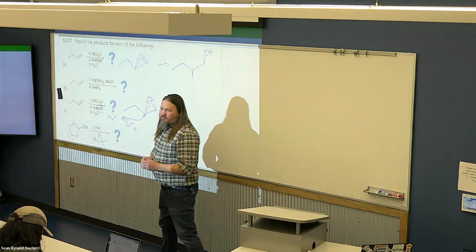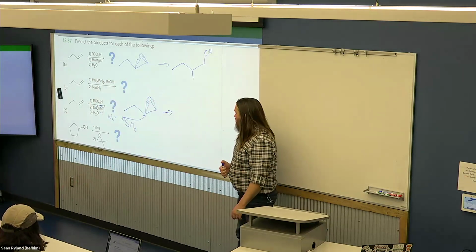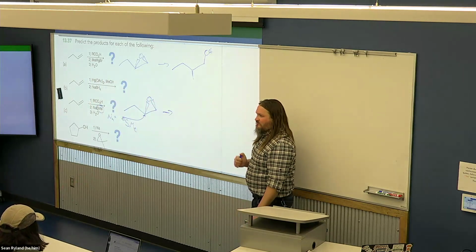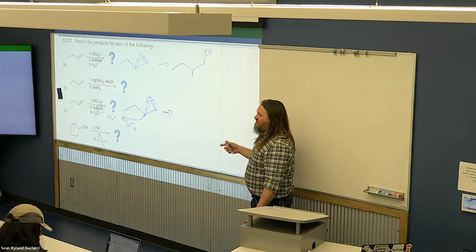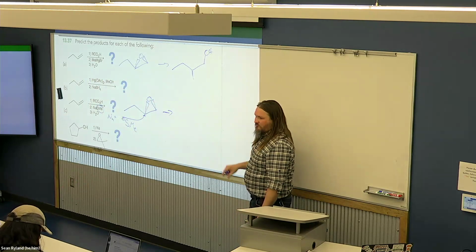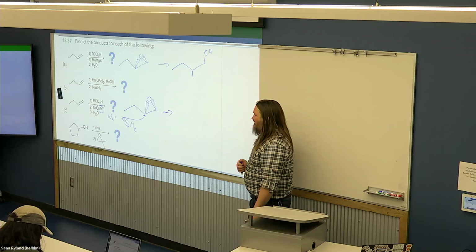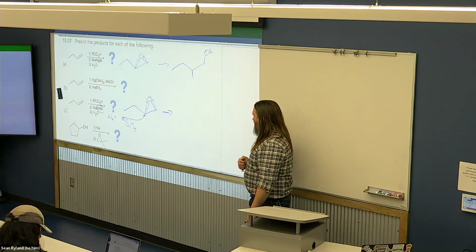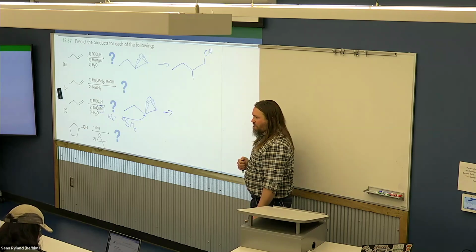Not technically considered Markovnikov because once it's a 3-sided ring, it's not an alkene, and Markovnikov's rule only applies to alkenes, but it's a similar concept. The second thing that gets added goes to the more substituted carbon.